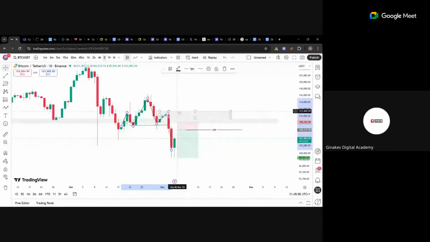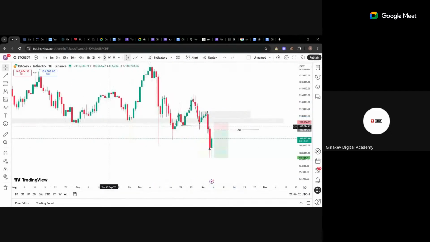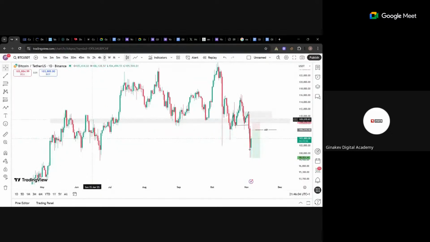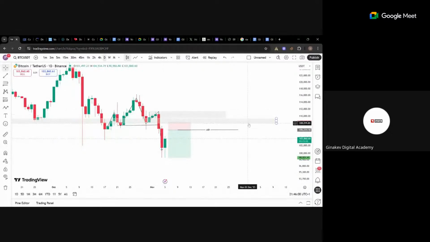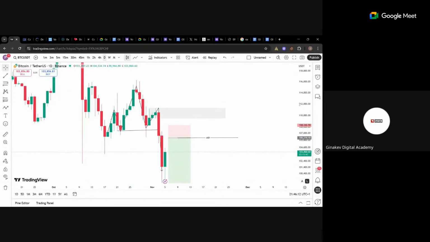So there's no way that this zone, which also happens to be within the range of a predominant resistance support level, will not hold price. Do you understand? So this is just what we mean by area of interest.